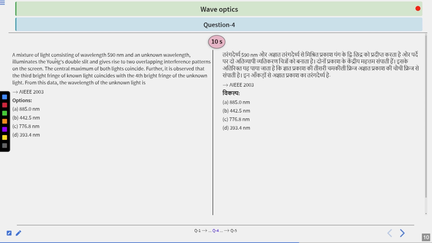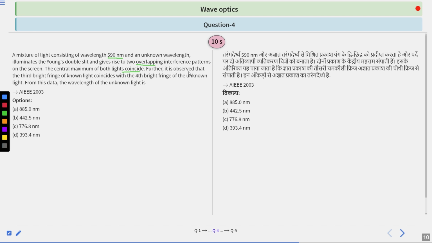A mixture of light consisting of wavelength 590 nanometer and an unknown wavelength illuminates the Young's double slit and gives rise to overlapping interference patterns on the screen. The central maximum of both lights coincide.